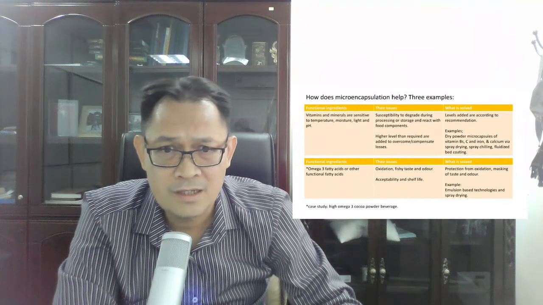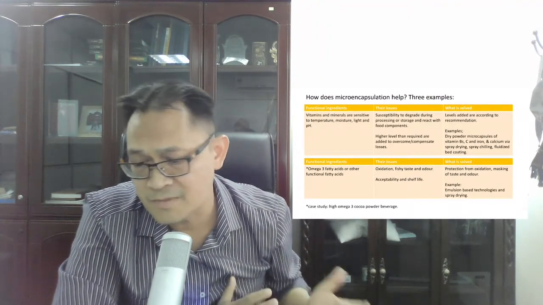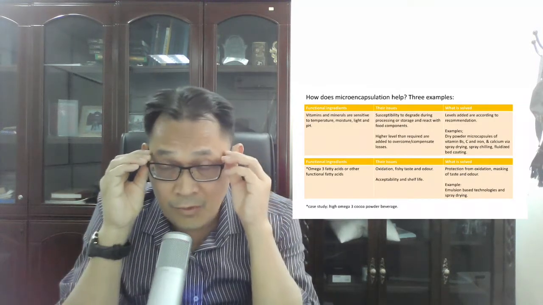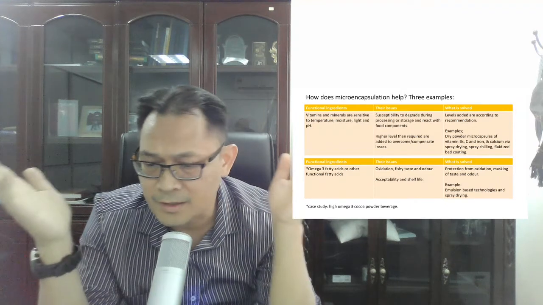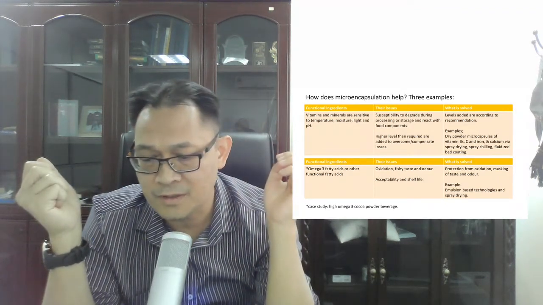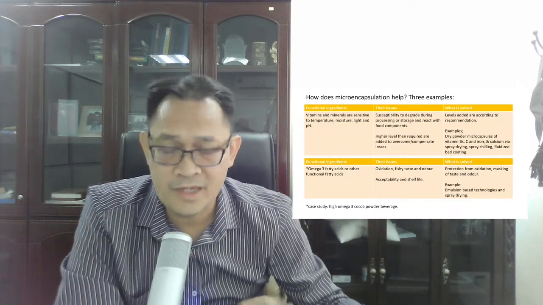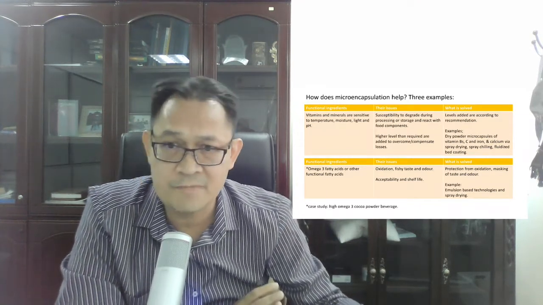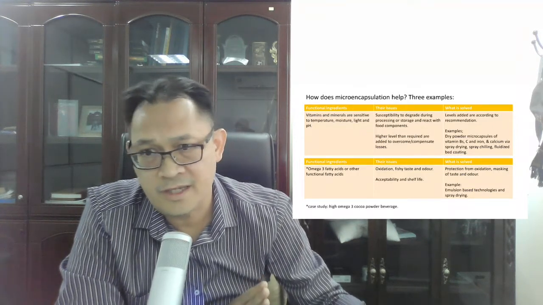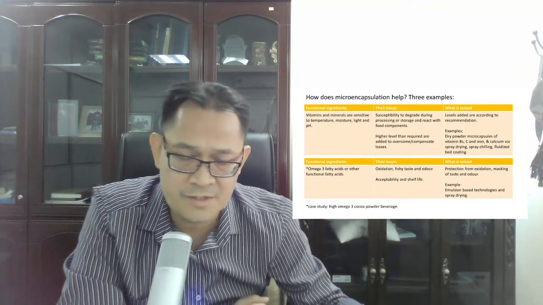Look at here, omega-3 fatty acids, or sometimes we call fish oils, or it can also be carotene, can be polyphenols. Polyphenol also need this kind of protection. But we take easy example, the omega-3 fatty acids, very susceptible to oxidation. You know this. And when omega-3 fatty acids are oxidized, it can lead to off odors or off flavors.